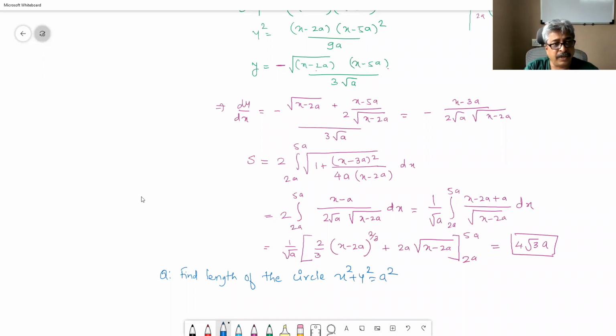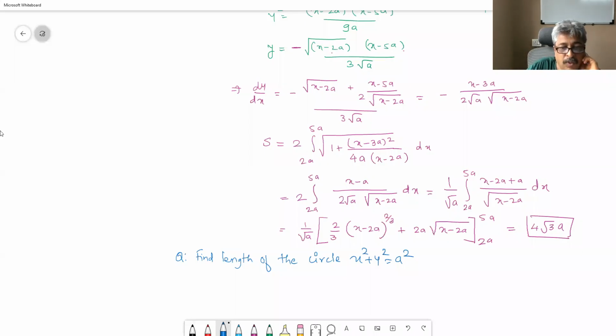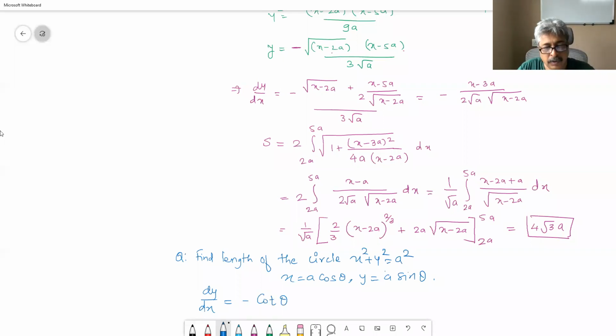Using the definite integral arc length formula, find the length of the circle. x is equal to a cos theta, y is equal to a sin theta, and therefore dy by dx is equal to minus cot theta. So the length, 4 times s is equal to 4 times integral.